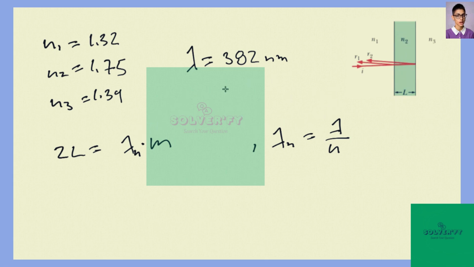Now there's one more thing we have to account for, which is that there might be a phase shift upon reflection. When light goes from a lower index of refraction to a higher index of refraction, the reflected ray gets shifted by half a wavelength. That might offset this whole thing, so we have to correct for it. So let's check. As we go from N1 to N2, we're going from lower to higher.